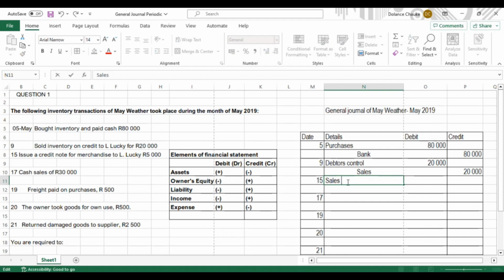So sales returns 5,000 there. Sales returns 5,000, and then debtors control 5,000 on the credit side there.